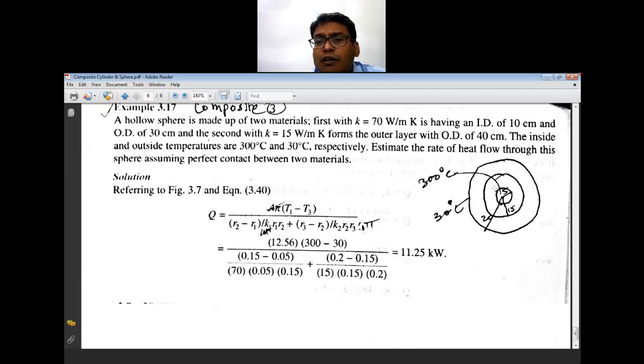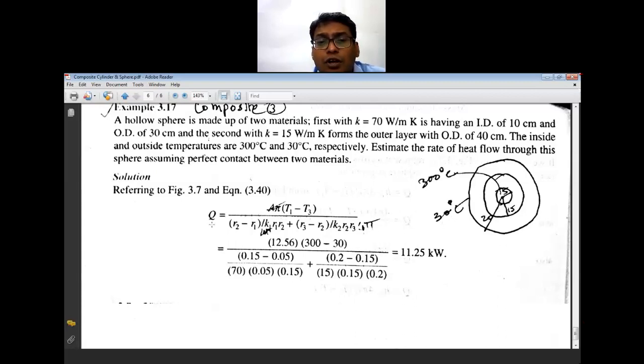So this is the corresponding figure, with the first layer and the second layer. The inner radius is 5 centimeter, then the OD of 30 centimeter for the first sphere gives 15, and the OD of the outer sphere, 40 centimeter diameter, means 20 centimeter radius. So 5, 15 and 20, and the inner temperature is 300 degrees Celsius and the outer temperature is 30 degrees Celsius.